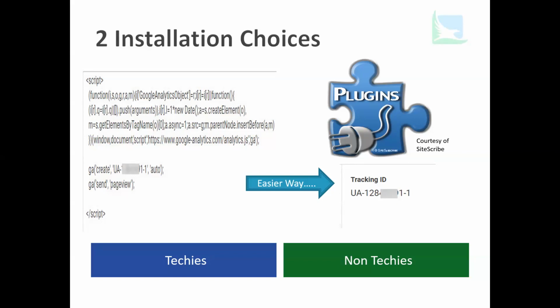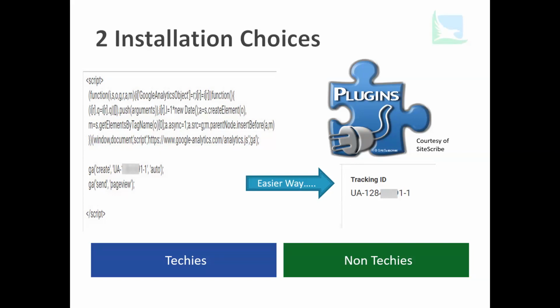Okay, so to install Google Analytics, you use that tracking ID, you put it into your plugin, and the plugin will install it across all of your website pages.